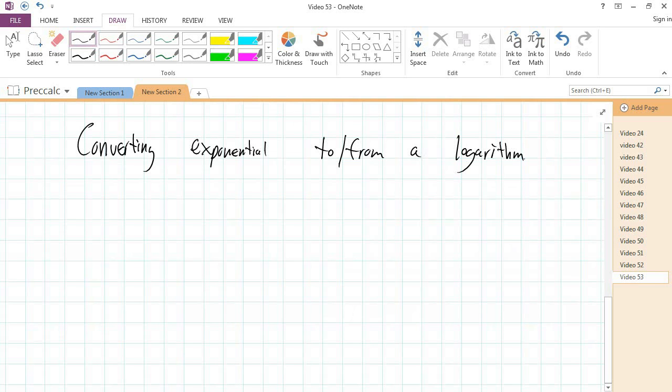And this is how. Suppose we have that y equals some base to the x power. That is equivalent to saying that the log with the base of y equals x. So this is where the pieces go.